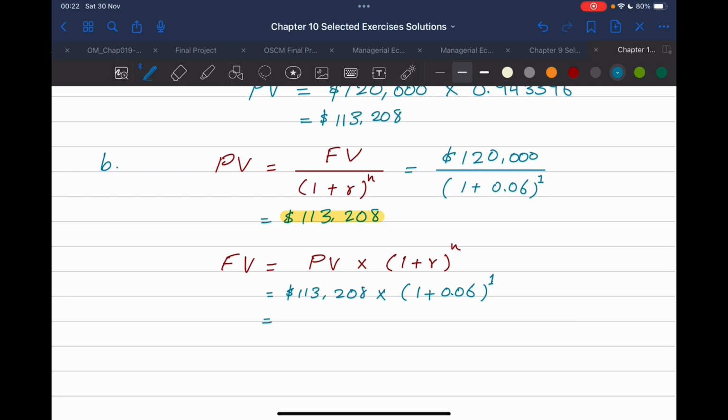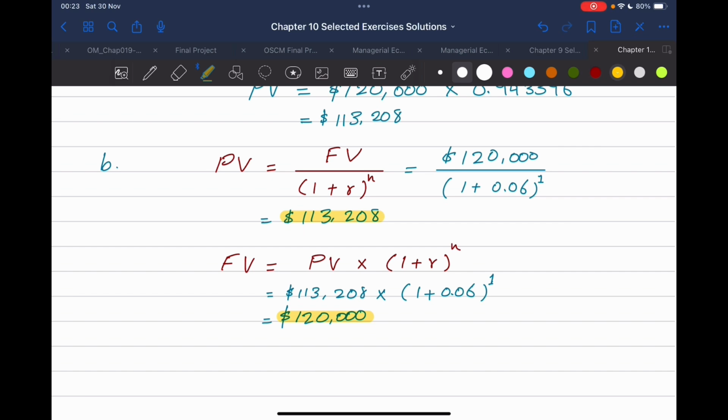My calculator is giving me 120,000.48, which is a rounding error. The closest dollar amount is going to be 120,000, so I'm going to round down in this case, which is the amount that we need to prove we got our answer.